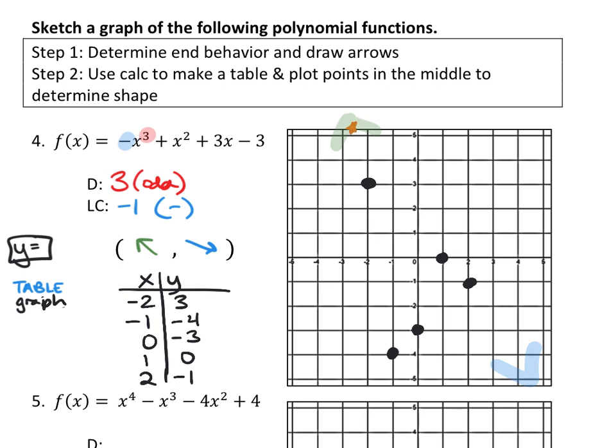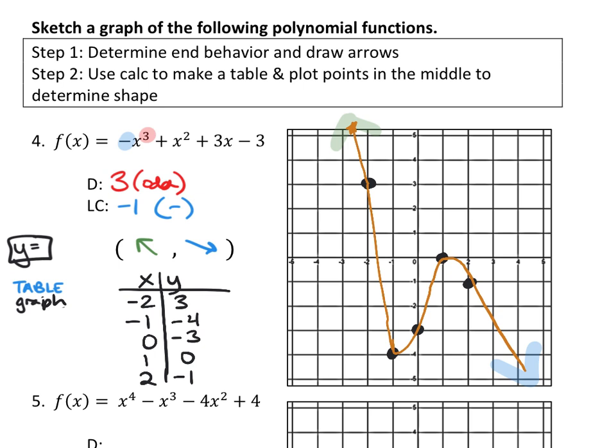on the left end behavior. You're going to go to the first coordinate point you can find. Then you're going to go all the way to the next one, even if it's far away. This is the next one. And then this one. And then this one. And then this one. And then you connect it with your other end behavior. It's advanced connect the dots.